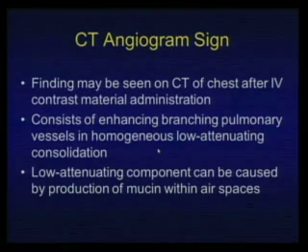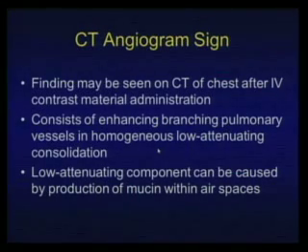CT angiogram sign is another sign that was described some time ago in cases of BAC, bronchoalveolar carcinoma, or invasive adenocarcinoma or mucinous adenocarcinoma, as we are calling it right now. What is the sign?